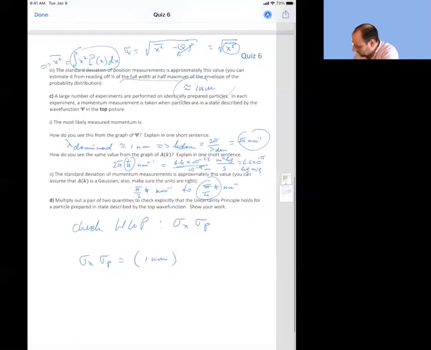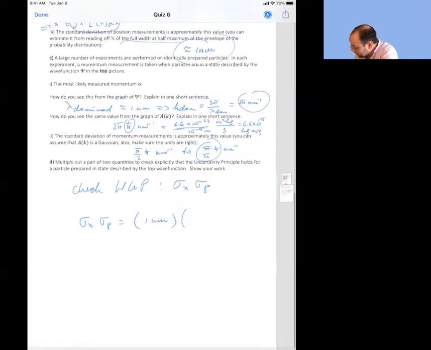The spread in the momentum values is pi over 4 per nanometer times h bar, and I get pi h bar over 4, which is approximately 0.75 h bar.